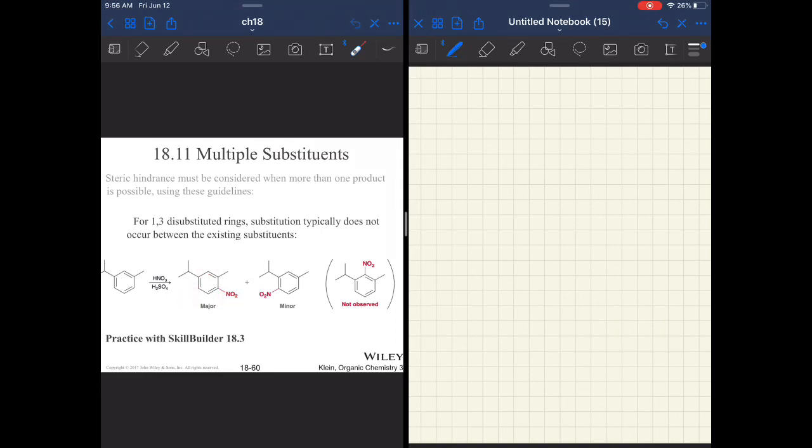The steric hindrance is a lot right here, right? Because you've got the methyl group on one side and the isopropyl group. This is going to be the least steric with the least steric hindrance here next. It does direct here, but there's so much steric hindrance, you're just not going to see it.